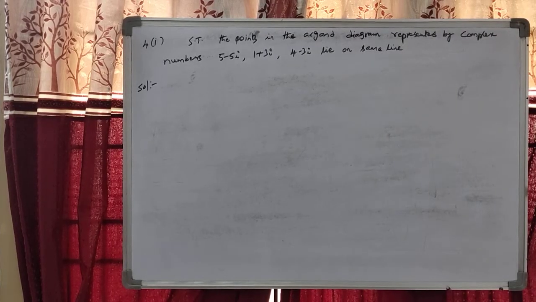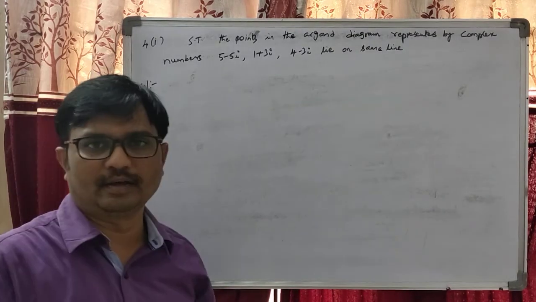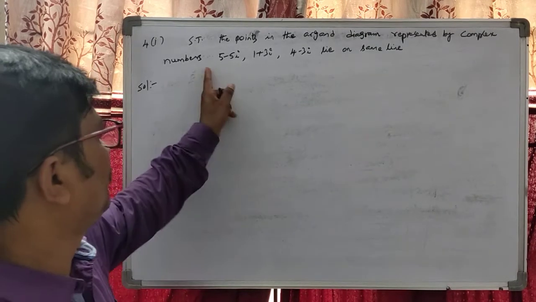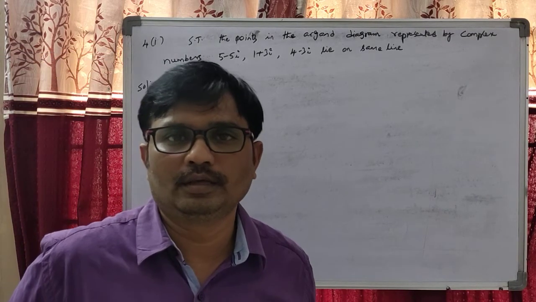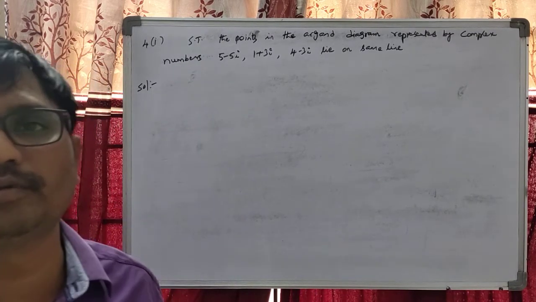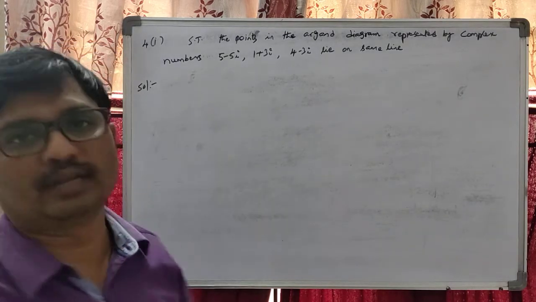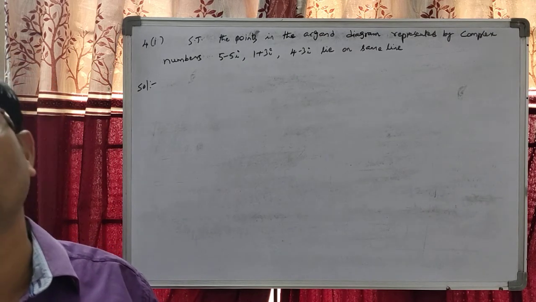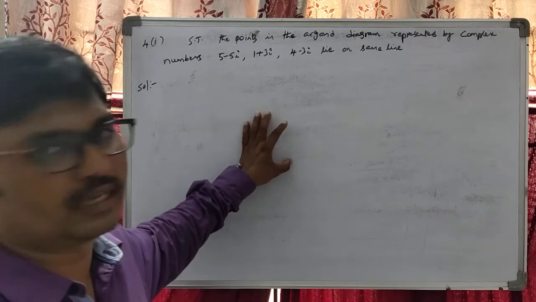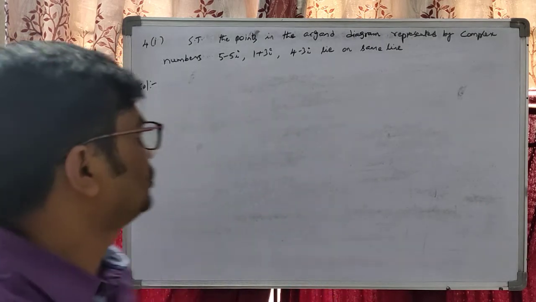So students, now the points in the Argand diagram represented by the complex numbers. Yesterday, in the previous class, we discussed the geometrical representation of a complex number. Suppose x plus iy in the Argand plane is the point (x, y).